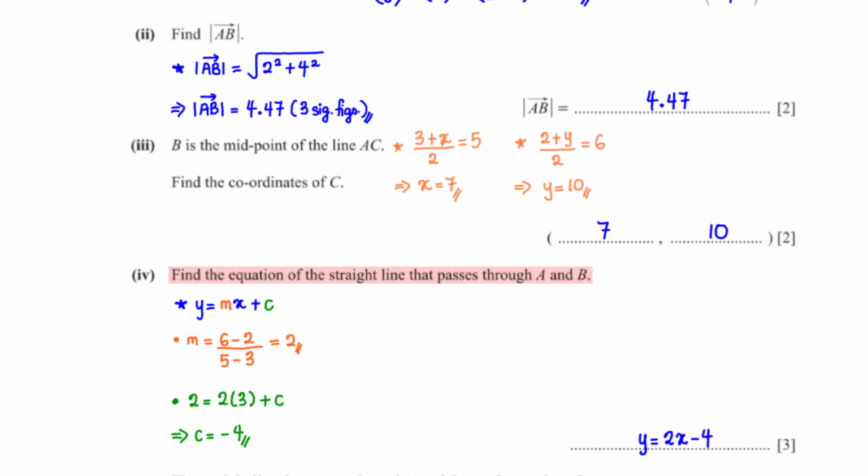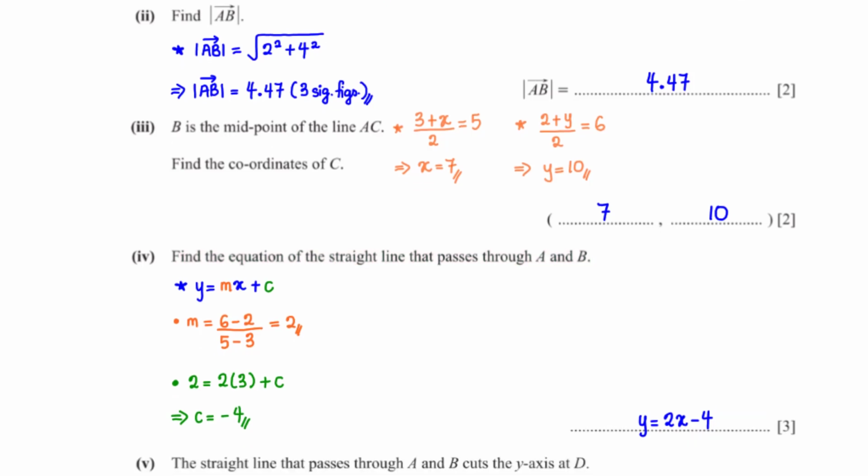To get c, we plug in the value of m and one set of coordinates into y equals mx plus c. In this case, we are using the coordinates of A, so we have 2 equals 2 times 3 plus c. When we make c the subject, we get c equals -4, so we have y equals 2x minus 4.